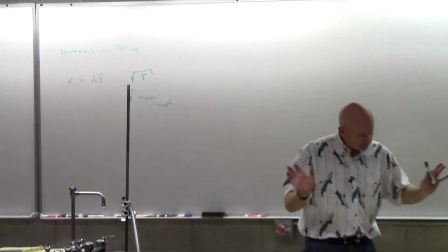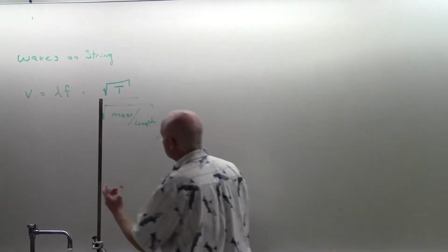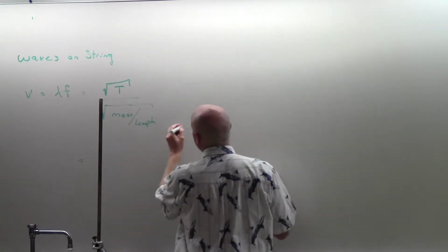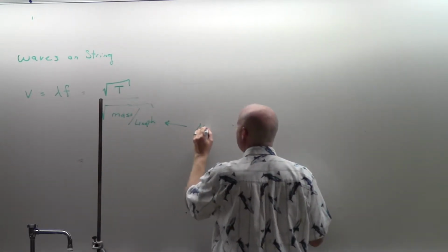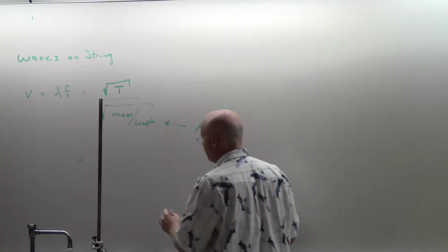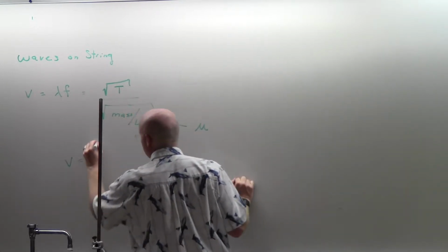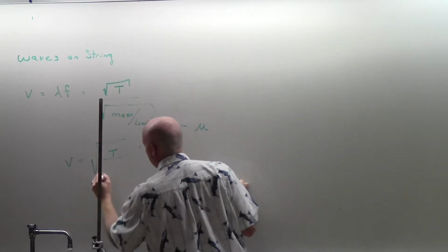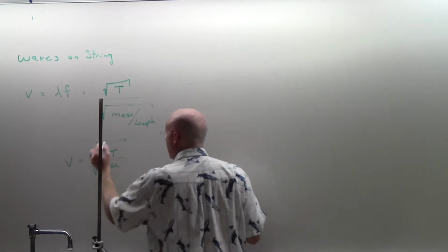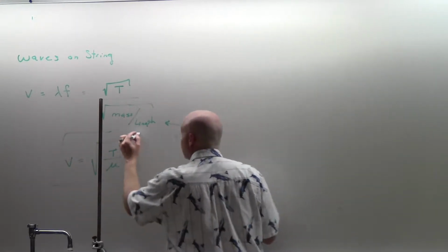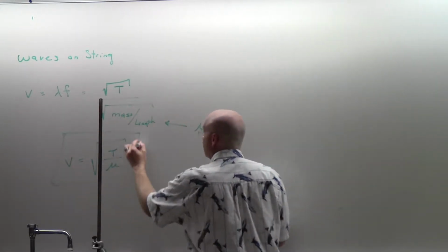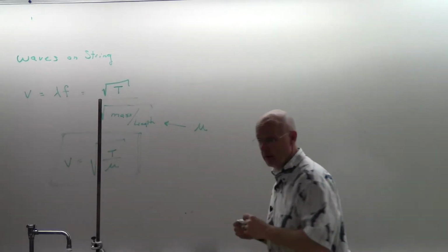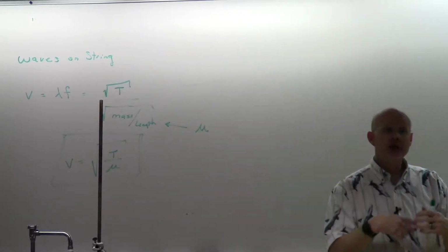Now, again, I feel a little terrible about not giving you the whole picture, but I think it's better that we move on and see some other things, and say, look at your author. He goes through this little proof here, but he calls this mass per length, the symbol mu, and for a string, like I said, he goes through about a half-page derivation there, and he works out that the speed of waves on a string is related to two factors.